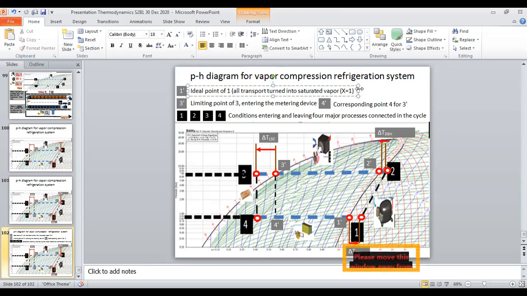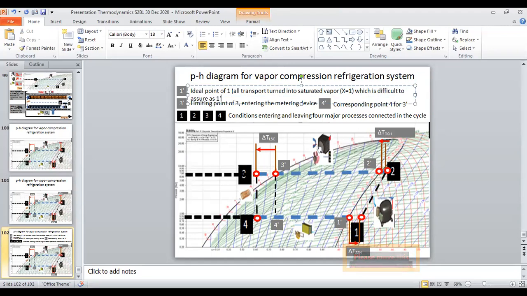But this is the issue, which is difficult to assure as 1 dash.